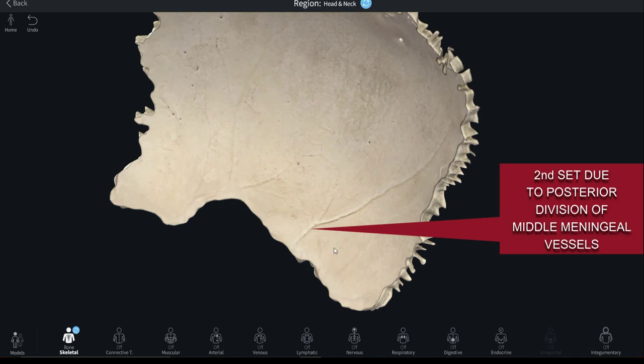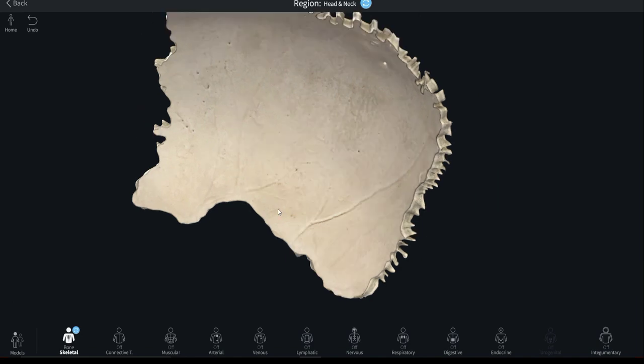All right. So what I have said, I'm repeating again. There are two sets of vascular markings found on the inner aspect of the parietal bone.